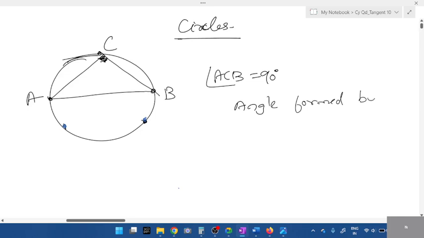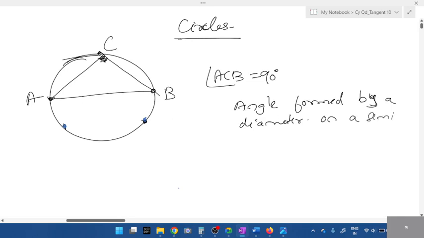Angle formed by a diameter on a semicircle.